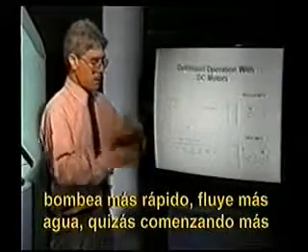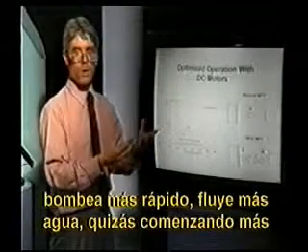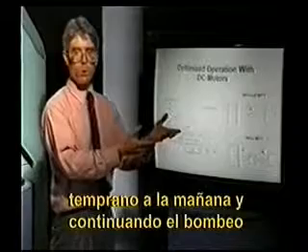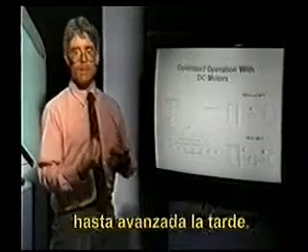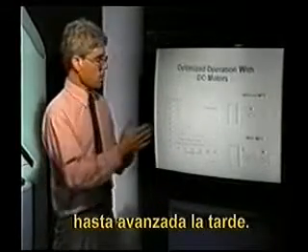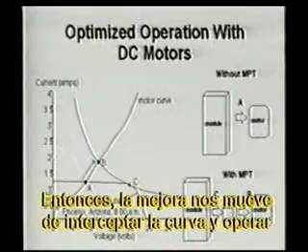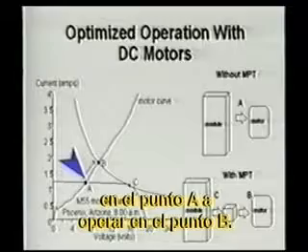The pump is pumping faster, more water is flowing, perhaps starting earlier in the morning and continuing to pump later in the afternoon. So the enhancement now moves us from operating at point A to operating at point B.